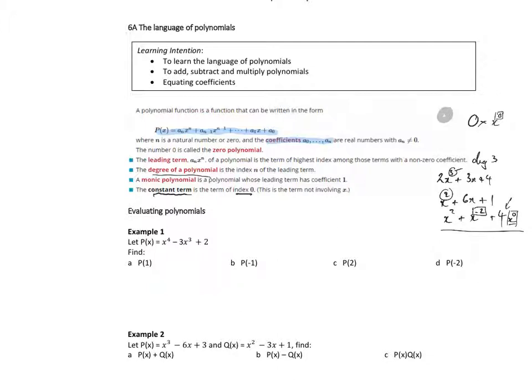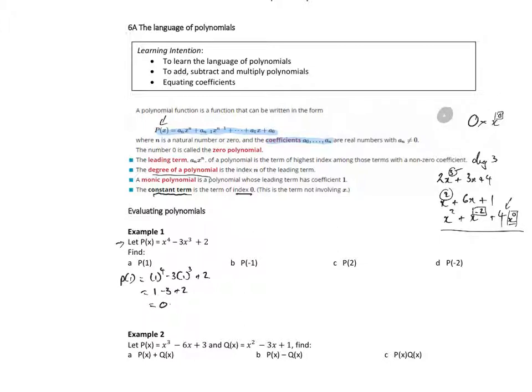In terms of evaluating, there's my function notation. Typically we might use f of x for functions, but often for a polynomial we'll use p of x. For p of 1, we substitute 1 into the rule. So I get 1 to the power of 4 minus 3 times 1 cubed plus 2. 1 to the 4 is 1, minus 3, plus 2, which happens to be 0 in this case.